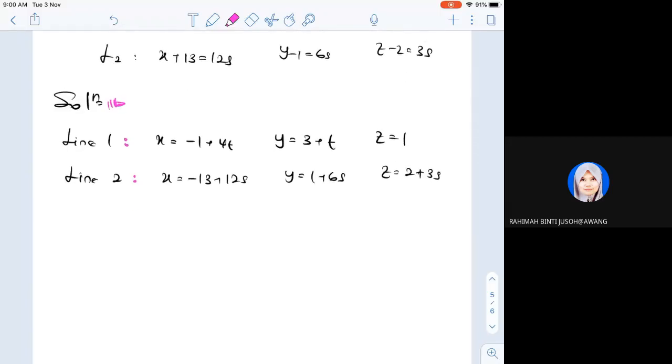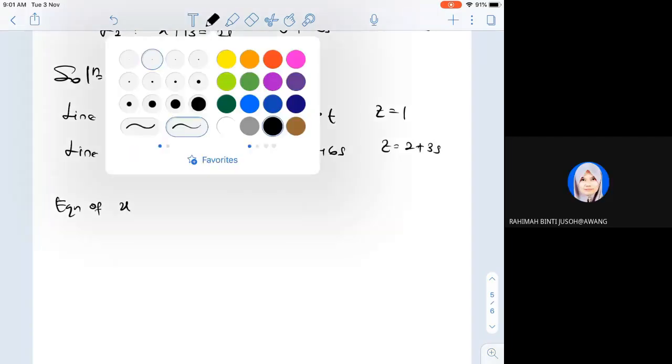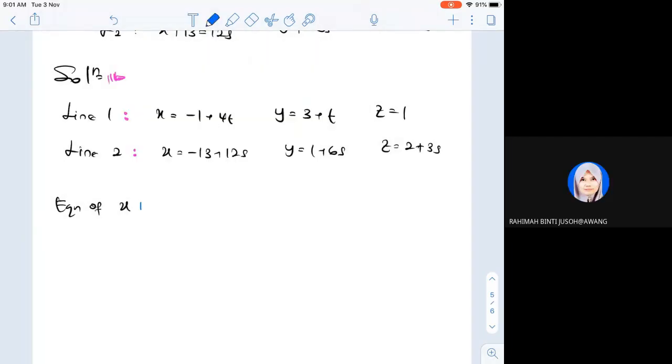Okay, what we should do now is we need to form the equations. There are 3 equations, guys. So we have equation of x, equation of y, equation of z. Okay, so for equation of x, we will combine both of these.